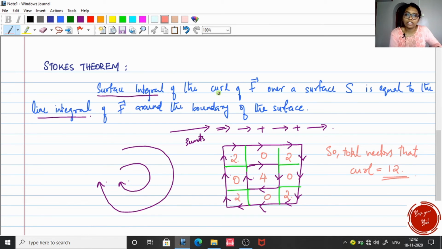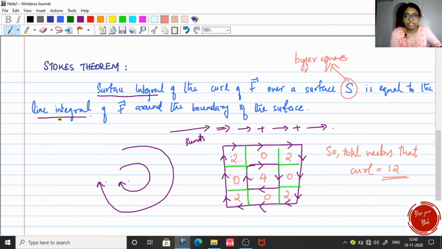Surface integral of the curl of a vector f over a surface S. Which is our surface? Our surface is the bigger square. The bigger square is equal to the line integral of f around the boundary of the surface. That is the boundary of the bigger square. How many vectors are there?